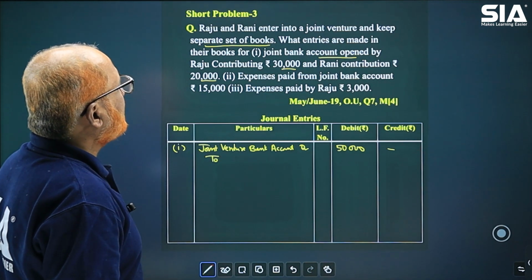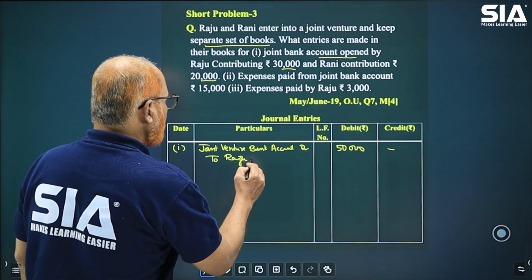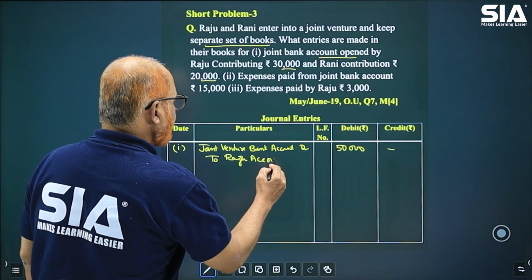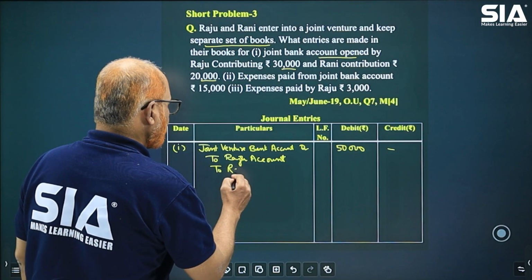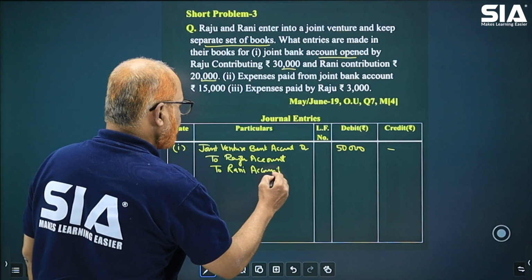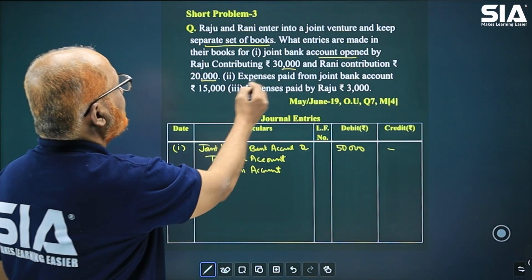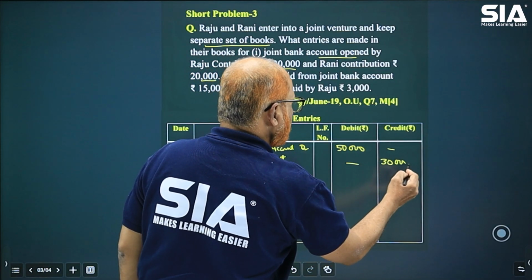To, who are contributing? Raju. Raju account. And to Rani account. How much Raju is contributing? 30,000. So credit 30,000.